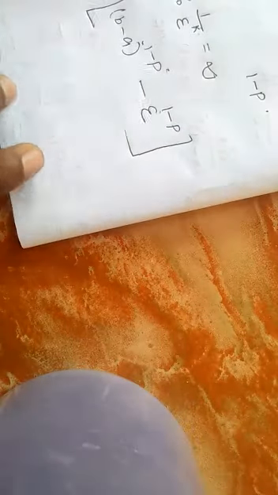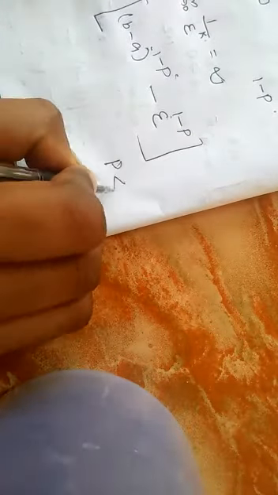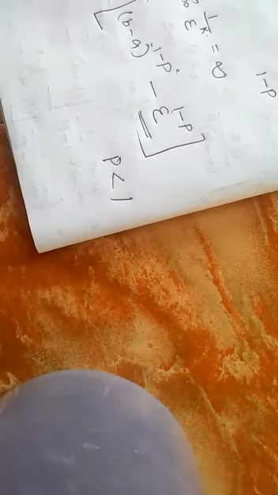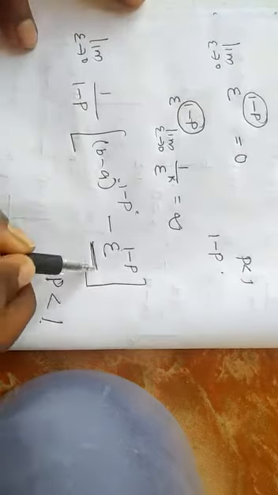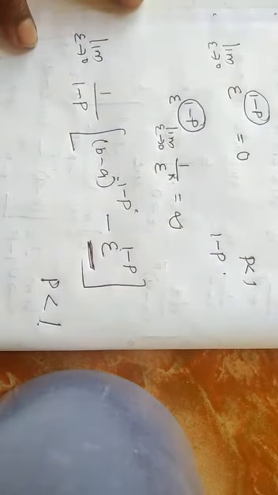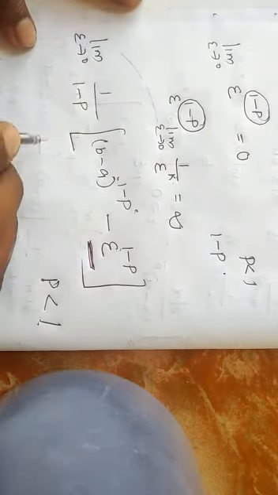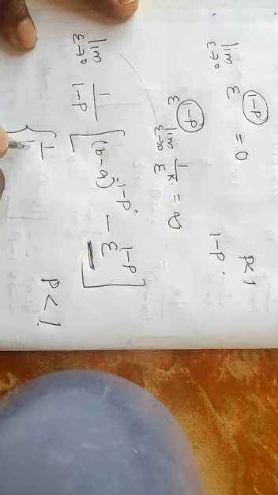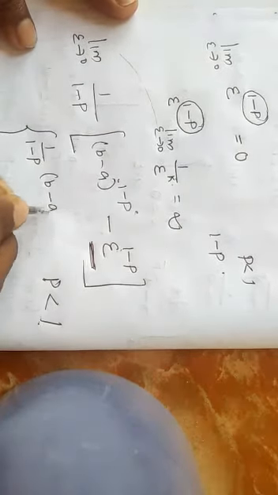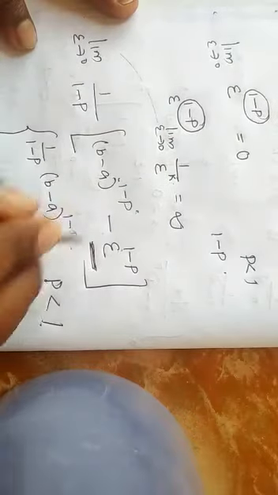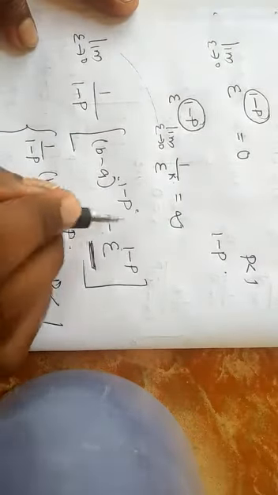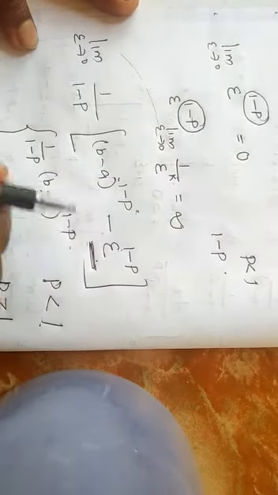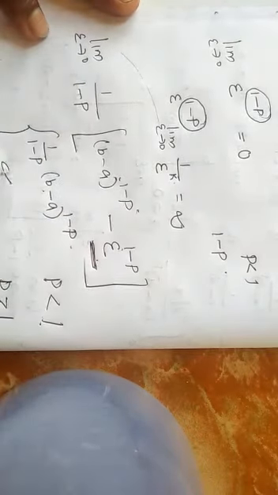For p less than 1, this will become 0. In that case, this limit value becomes 1 by 1 minus p, (b minus a) power 1 minus p, a finite value. In the case of p greater than 1, this will become infinity, so this limit value becomes infinity.